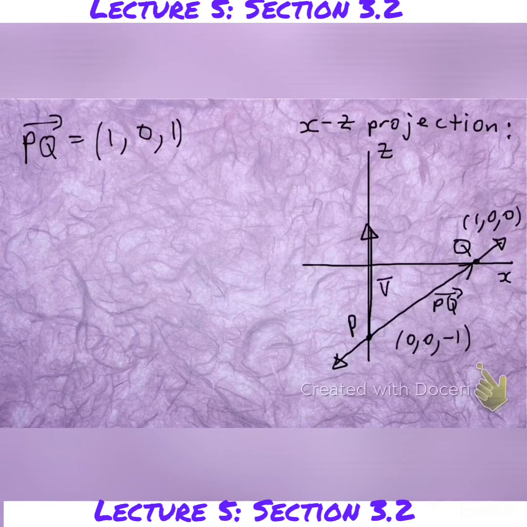Okay, so we can then go back to our original system there. This is a vector PQ. We go and place it at the origin.